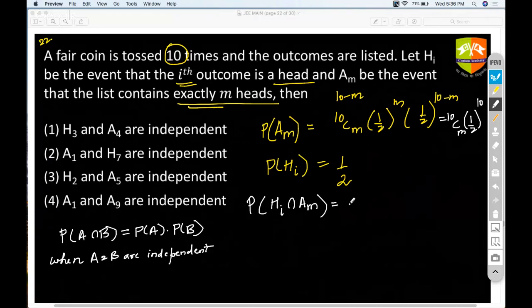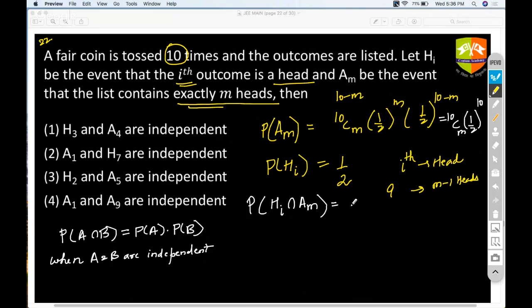That means if ith outcome is known to be head, that means the remaining 9 throws should have given me M minus 1 heads. Correct?